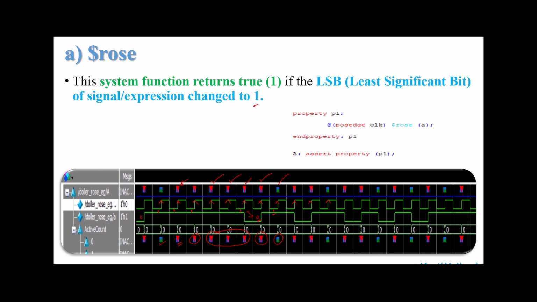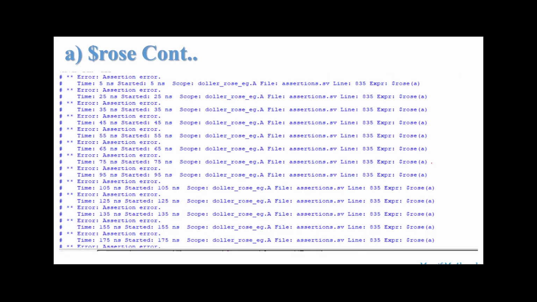Okay, so I hope you have understood this and you can verify the other passages of the clock similarly. Let me show you the console result. As I told you, if you are not writing the action blocks, SystemVerilog assertion is developed in such a way that the simulator is expected to print the error messages whenever the assertion is failing.